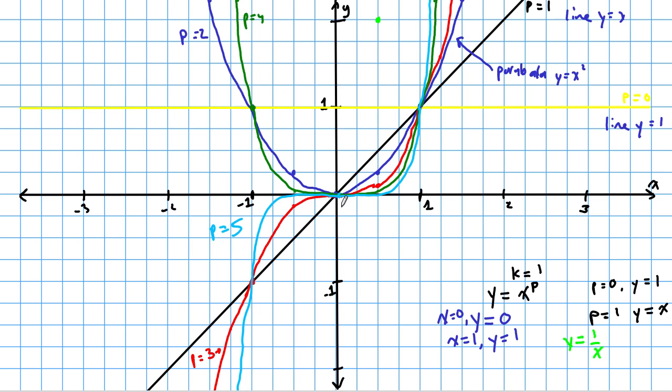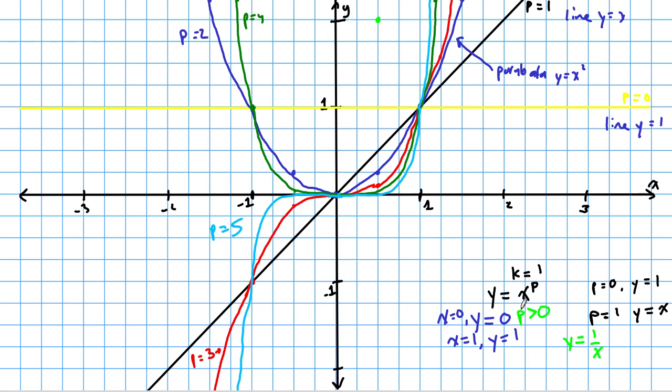My idea here about 0 is only true when the power is greater than 0. When the power was 0, remember it didn't go through 0, 0. It goes through 1, the yellow line. And if the power is negative, at 0 we end up with a division by 0. So we have no output when the power is negative.